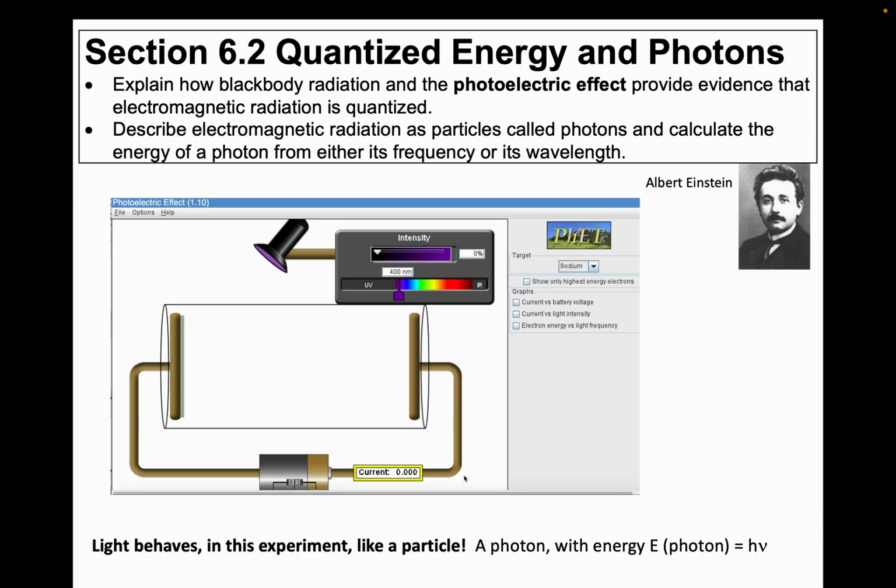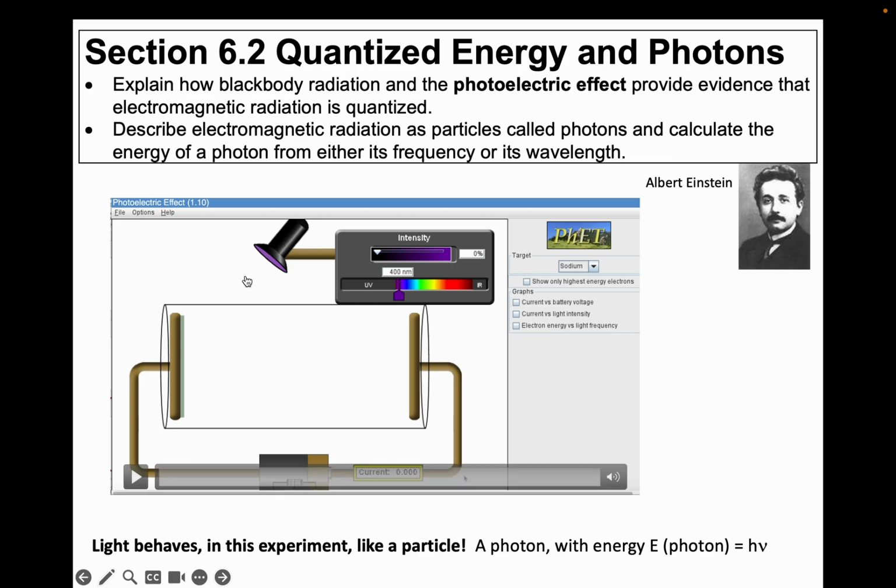Now, this was a really radical experimental result that was interpreted by Einstein. Radical in the sense because light behaves in this experiment like a particle. It's as if the light, with its intensity, with its energy, E equals h nu, is behaving like a particle.